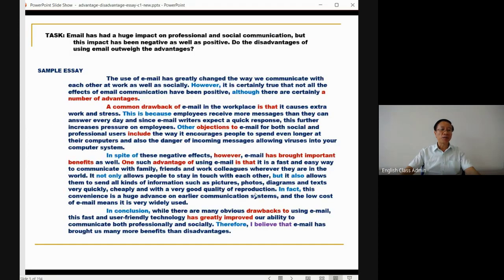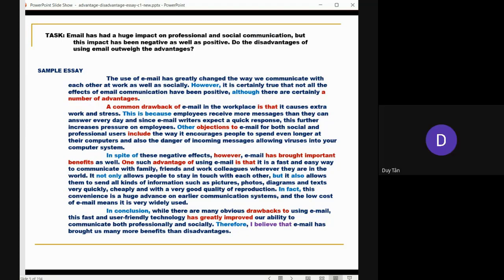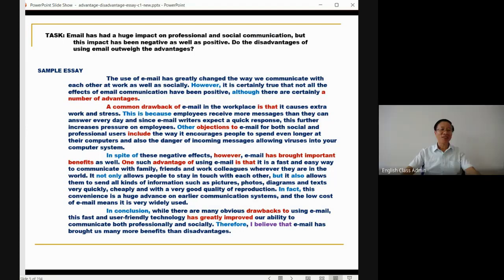And now please have a look at the sample essay for this topic. Now can you tell me how many paragraphs there are? Duy Tân, please. There are 4 paragraphs. Okay. What do you write in the first paragraph? Okay, Tân, give your answer.